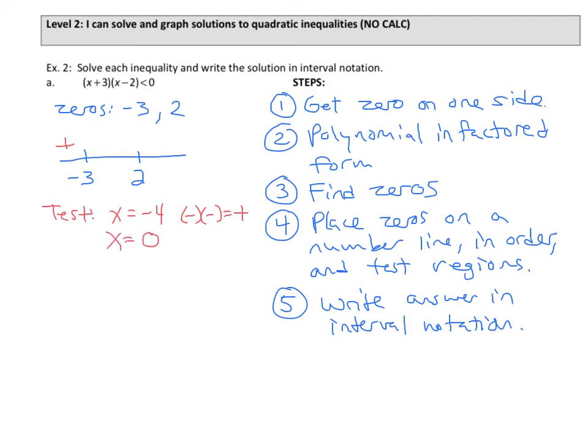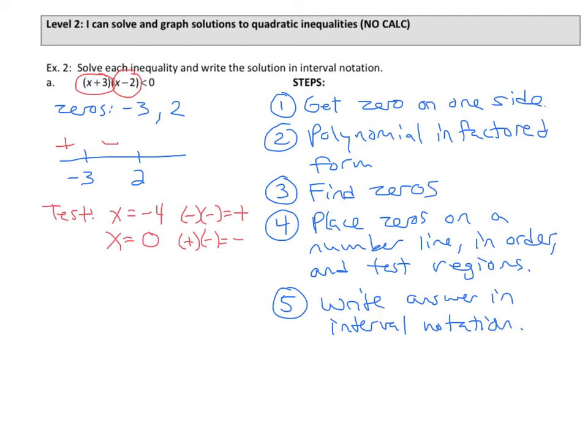And so I plug 0 into factored form up above again, and 0 plus 3 comes out to be positive. 0 minus 2 comes out to be negative. And if I multiply a positive times a negative, I always get a negative. So in the middle here, we have negative y values, or the graph is down below the x-axis over that interval from -3 to 2.